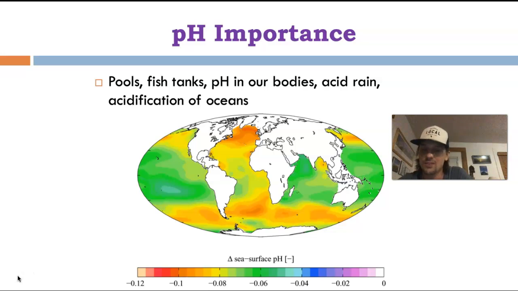It has been understood that the pH of the ocean is becoming more acidic, and this is having a negative impact on the animals that live in it. The coral reefs, the fish and the plants, all those things that live in the ocean. So if we study and understand how pH is changing, maybe we can think of ideas on how to help it and get it back to a healthy environment.